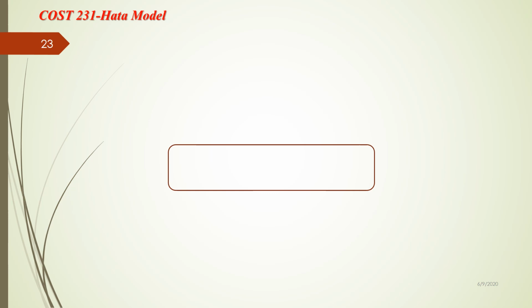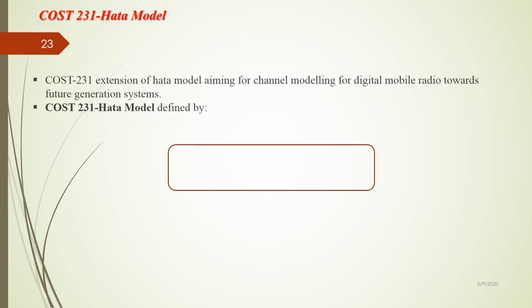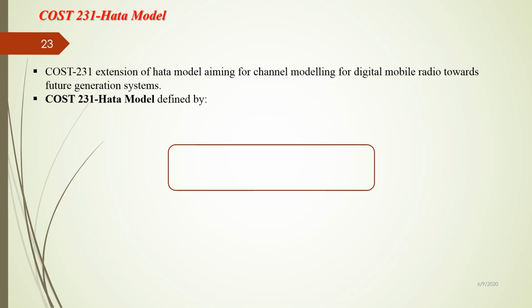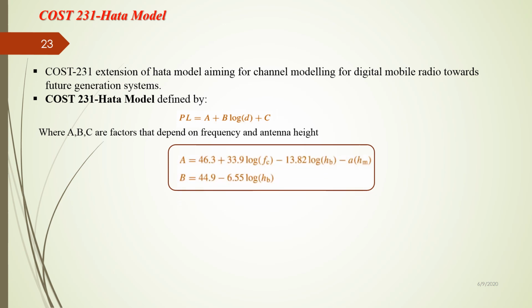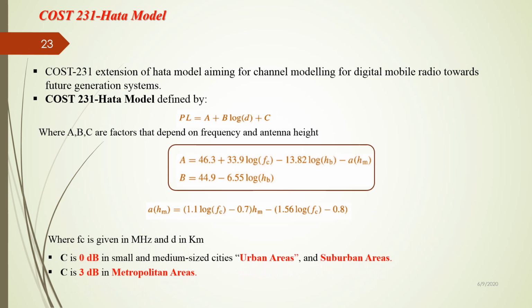Now the COST 231 Hata model. The COST 231 extension is the extension of the Hata model, aiming for channel modeling for future generation digital mobile radio systems. The COST 231 Hata model defines path loss as path loss is equal to a plus b log d plus c, where a, b, and c are factors that depend on the frequency and antenna height.